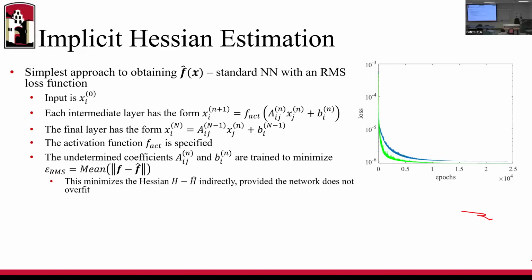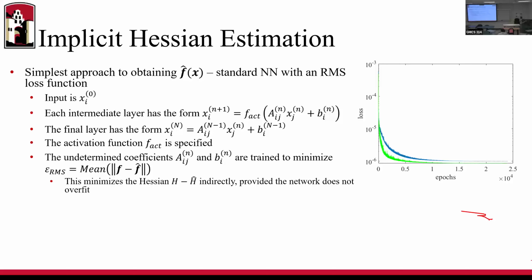Okay, so let's say that we're trying to match this function, and we are training on these discrete points. Okay, so if we have some approximation that matches these discrete points, we aren't explicitly matching the Hessian.